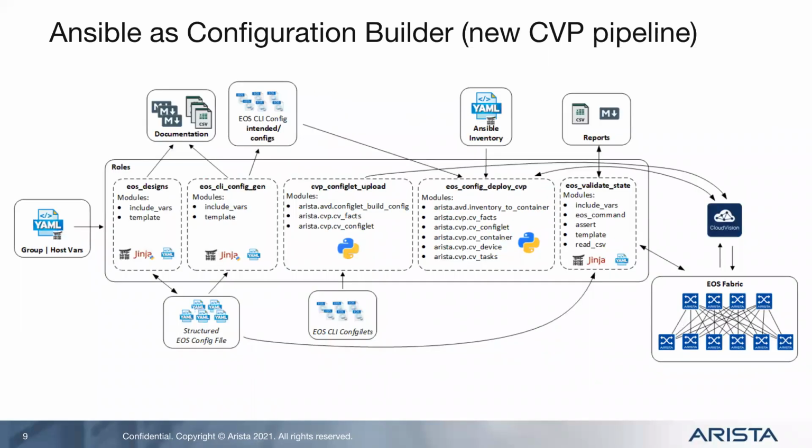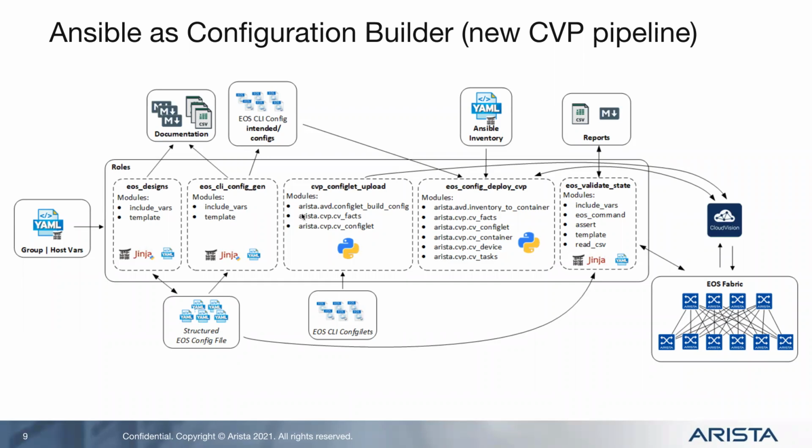We've extended the pipeline by breaking out some of the roles in newer deployments. And I'm calling this the CVP pipeline because this can also be done with direct device interaction. But if you're pushing a fabric deployment with AVD via CVP, this is what it's going to look like. Same as before, we take your host and group variables, we transform them with our EOS design role, and we emit documentation and config files. From those, we actually do the CLI config gen.